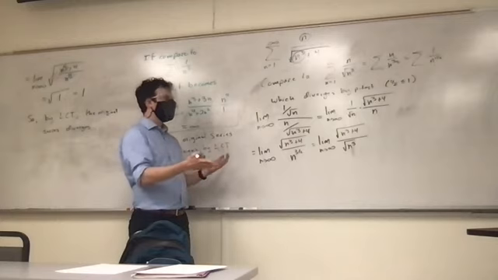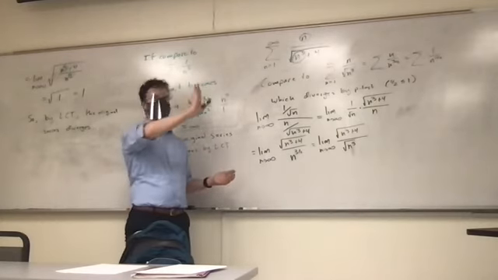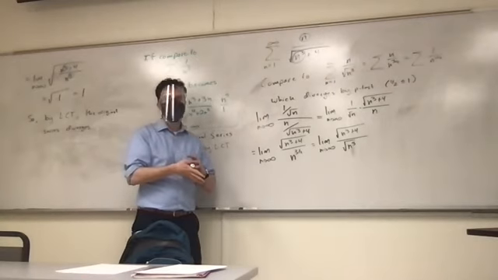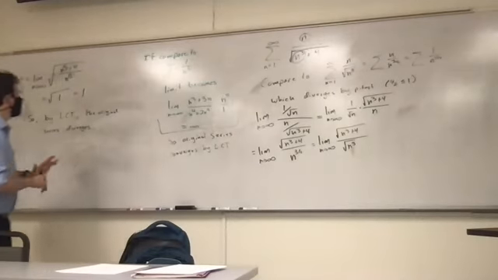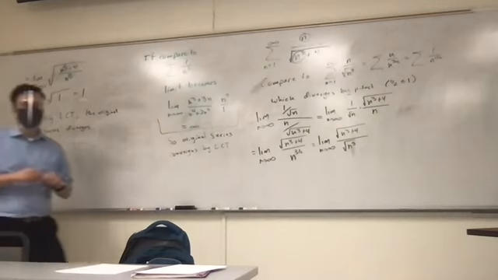And for diverging, if you're half as big as something that diverges, the diverging thing is going infinite, so you're still going to go infinite too. So in this case, we don't really care what number we get, a half, 1, 6. As long as it's not 0 or infinity, they're comparable to each other, in that one is a finite multiple of the other. And so that's why we can say they do the same thing.